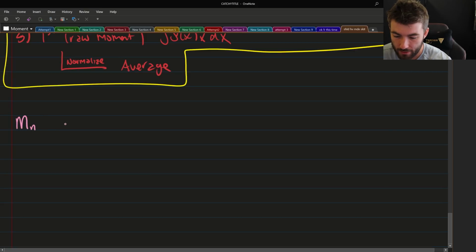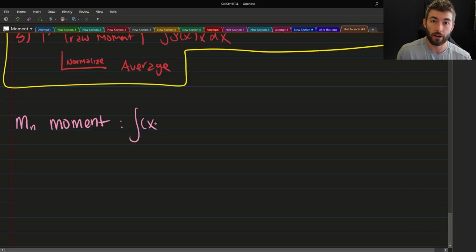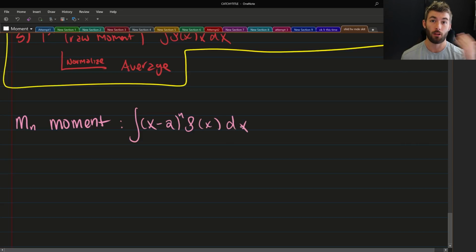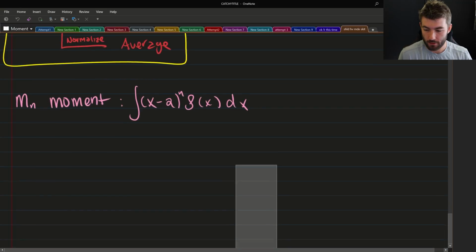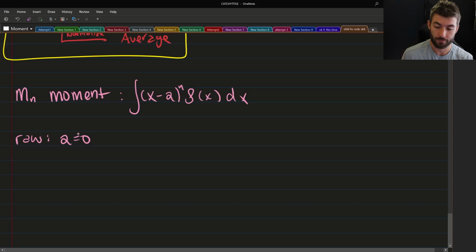We can define the nth moment in general as follows: we insert our factor of x, our independent variable, but we can center this at any point that we want. I'm going to call it a, and the nth moment is then x minus a to the nth power times that original distribution integrated over all of the relevant variables. What makes it a raw moment means a is 0. It's a moment about the origin.